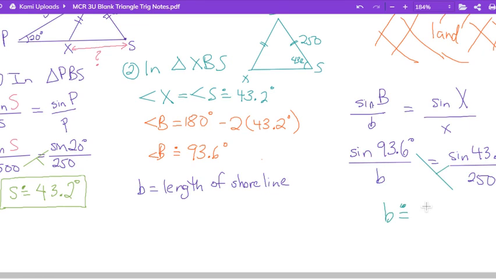Okay, and now we round to the nearest meter. Okay, I get a number that seems realistic, but I'm going to check my calculation again.